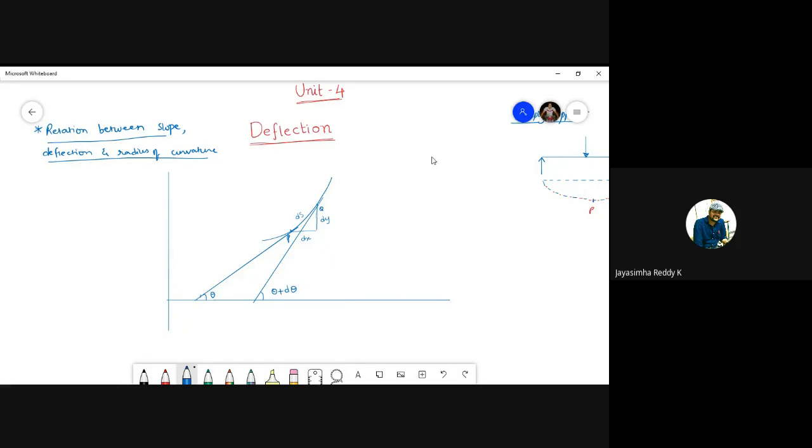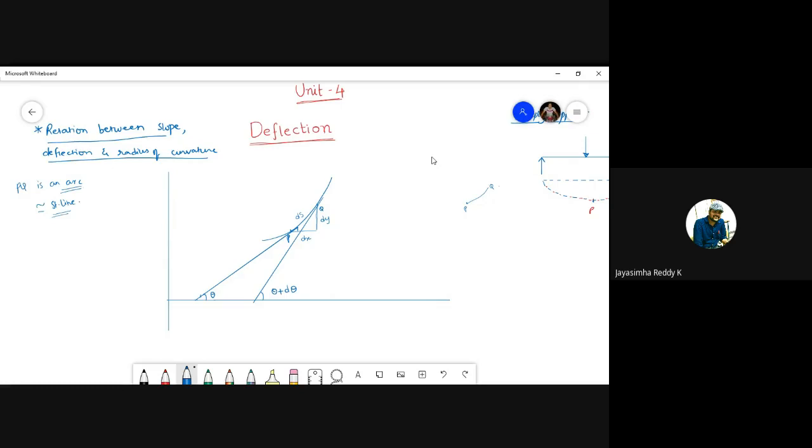This ds is very, very small. This curve PQ is very, very small, and our assumption is PQ is an arc which is approximately a straight line. This is an arc, but this is our assumption. So if you assume like this, what does this angle become, students?